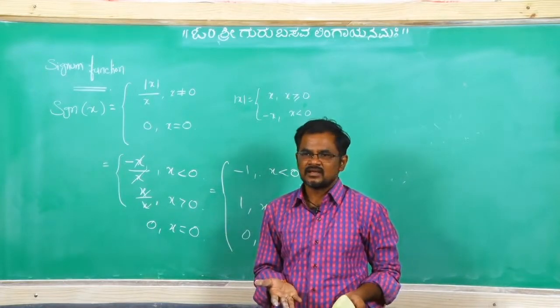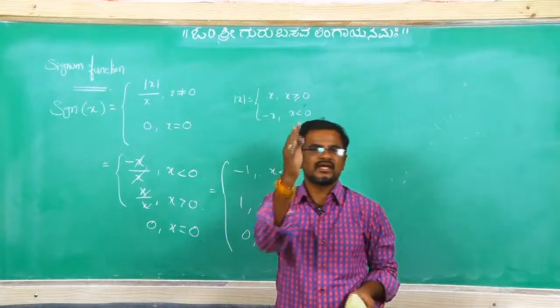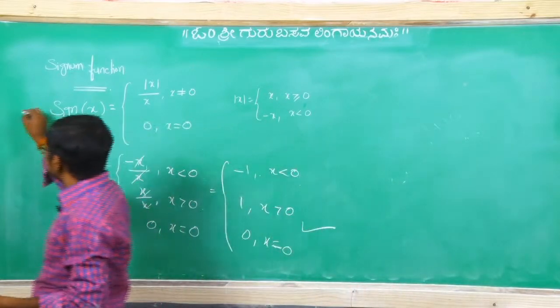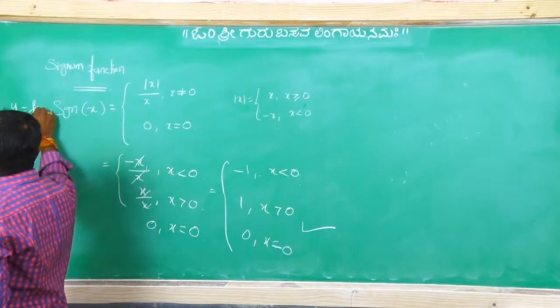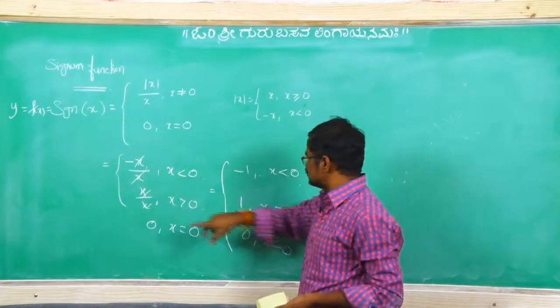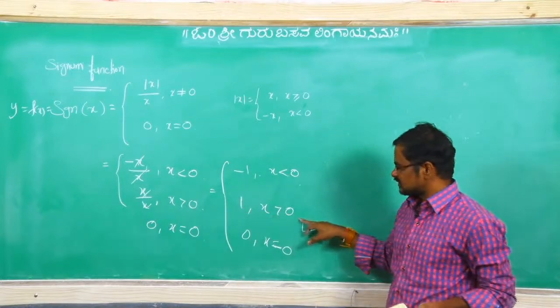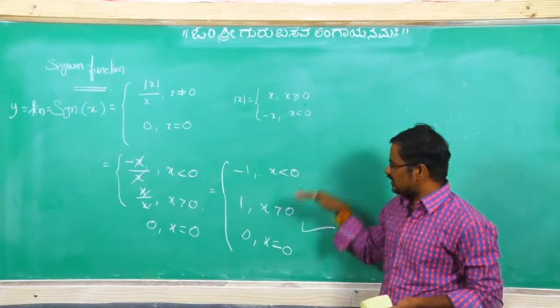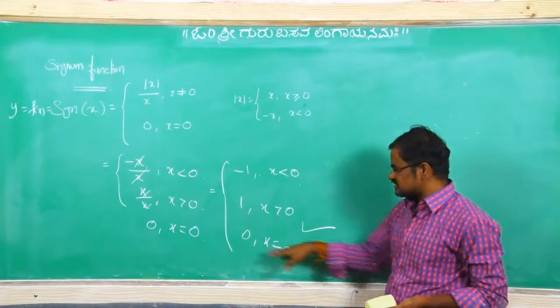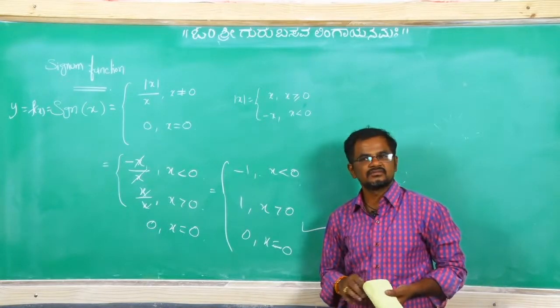What is it saying? For all the positive values you take y value as 1, that is f of x equal to 1. For all the negative values you take minus 1, and whenever x is 0 you take 0.